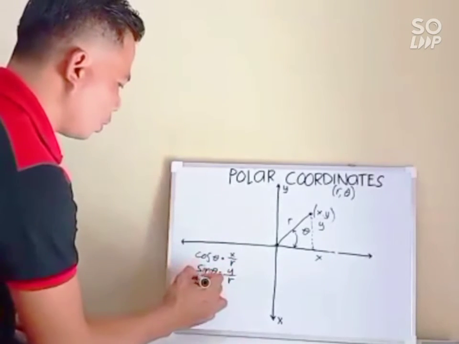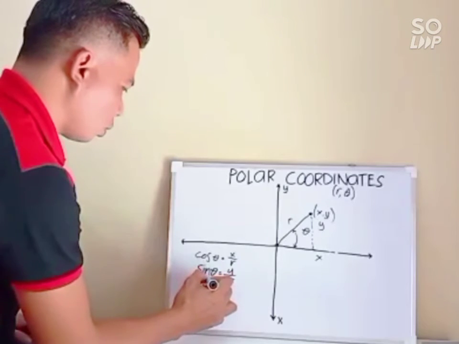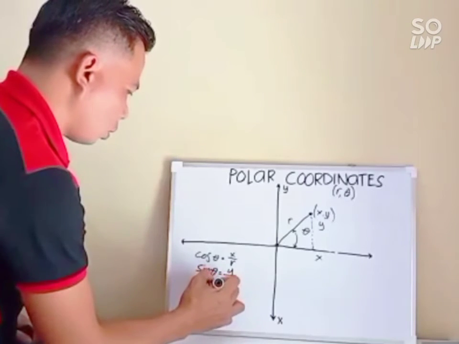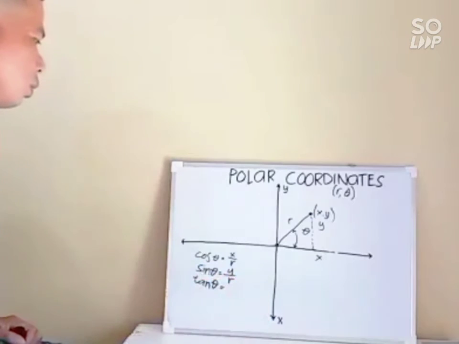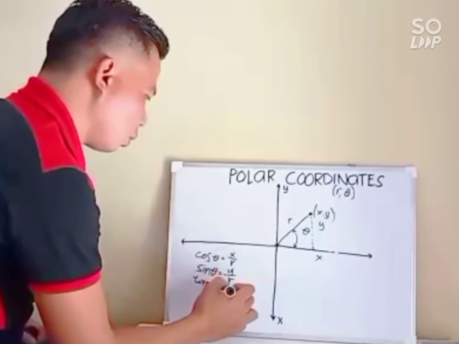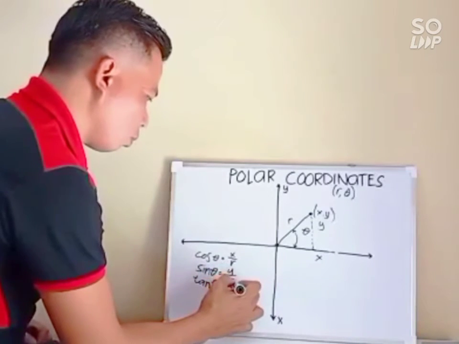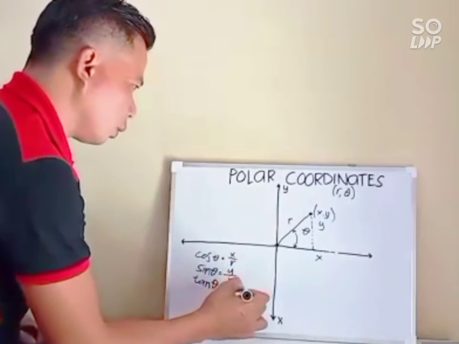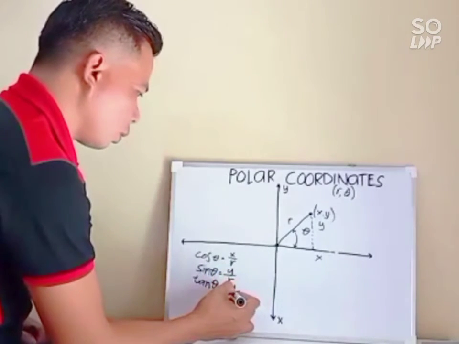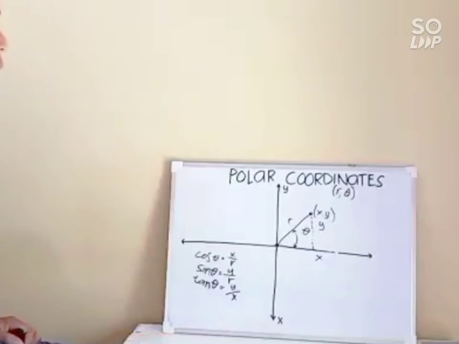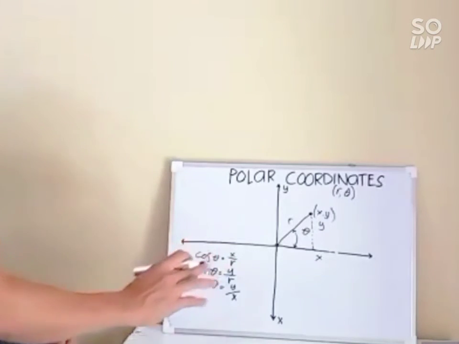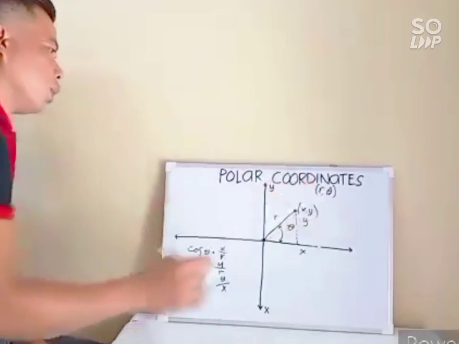So our tangent theta is y over x. So we could see the relationship in this one.